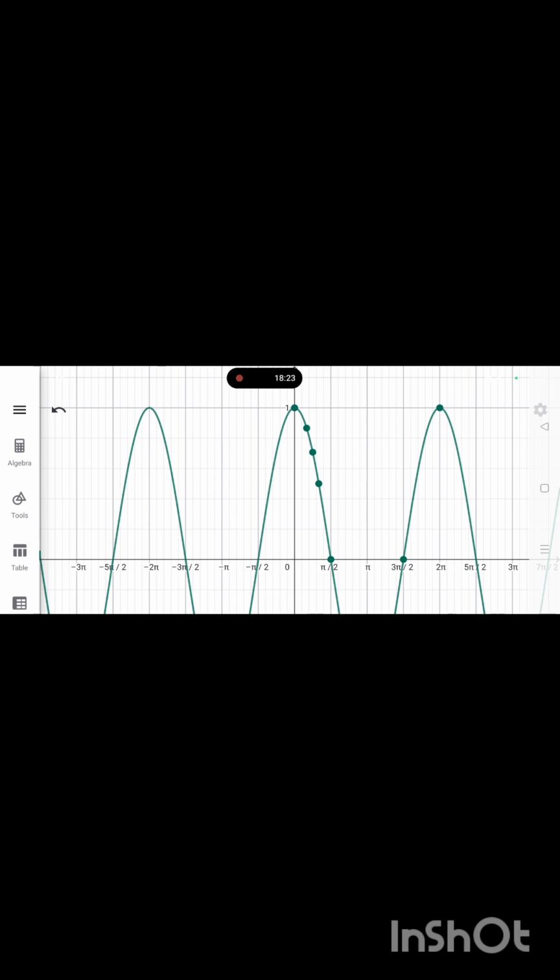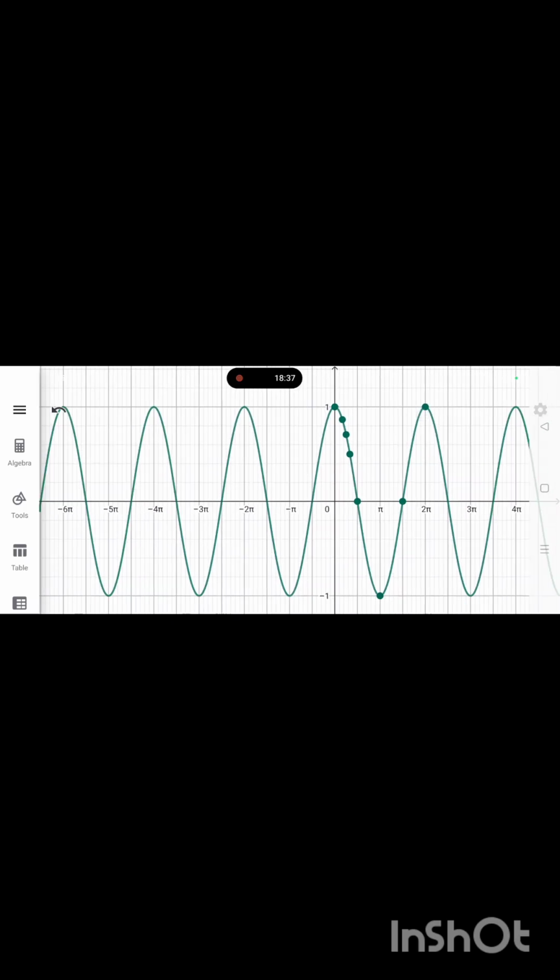Next cos 45 degree 1 by root 2, it is 0.7. Next is cos 60 degree, it is 1 by 2, 0.5. Next cos 90 is 0. And also I have given here what is cos pi, that is cos 180 is minus 1, it is touching the minus 1 point. Again, what is cos 360? 360 also I have given, again it is reaching 1.